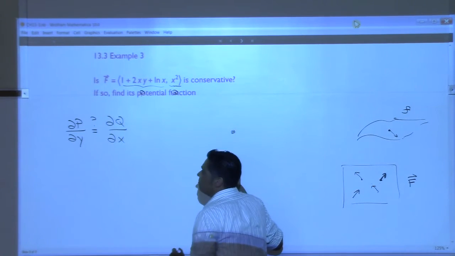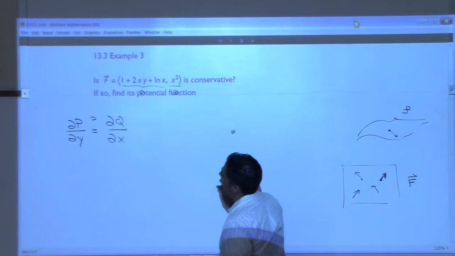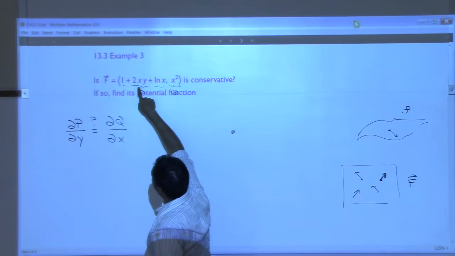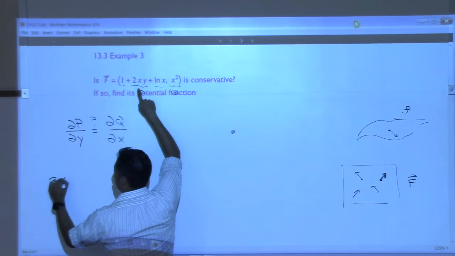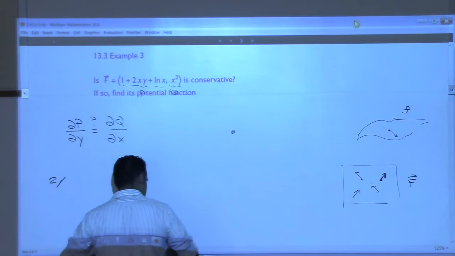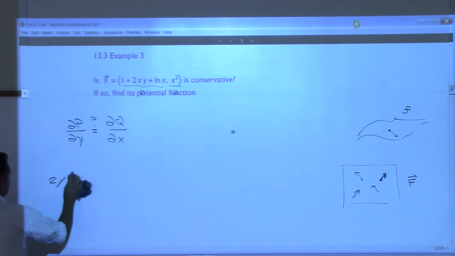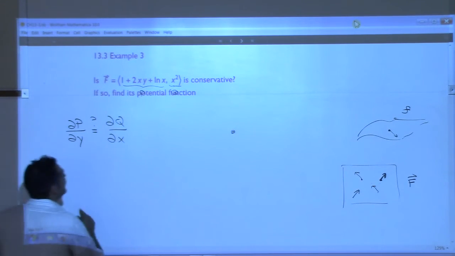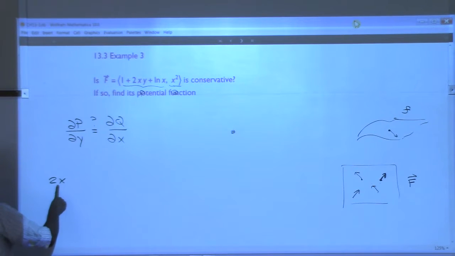So what is the partial of p with respect to x? To y? Sorry, yes, you're right, 2y. Okay, 2y, 2x.